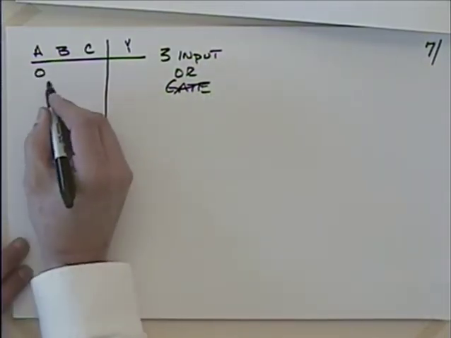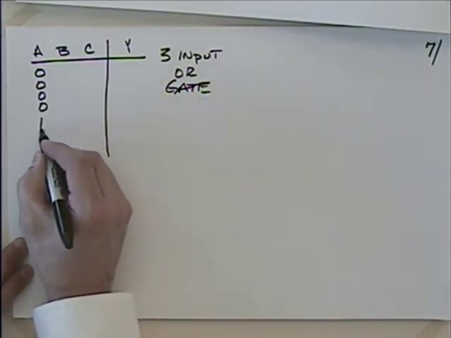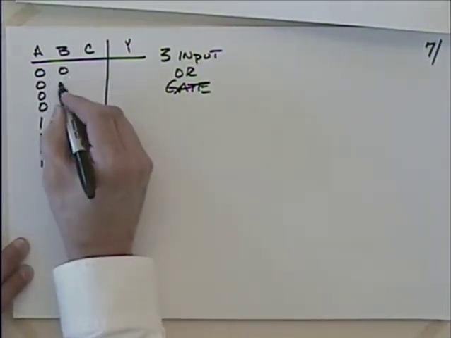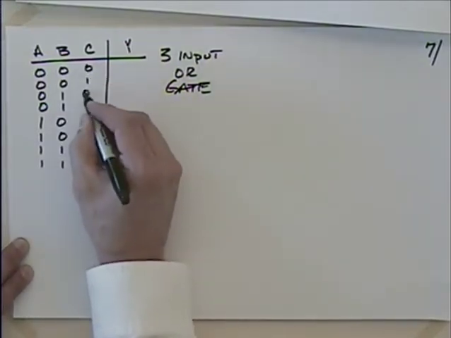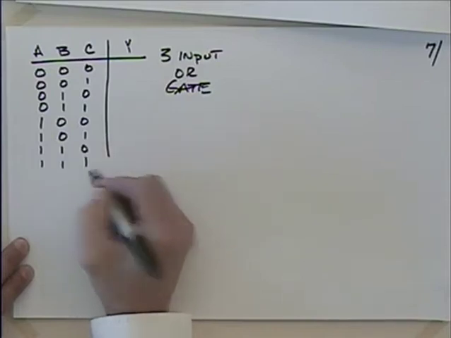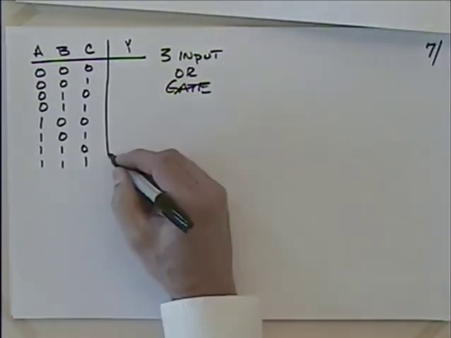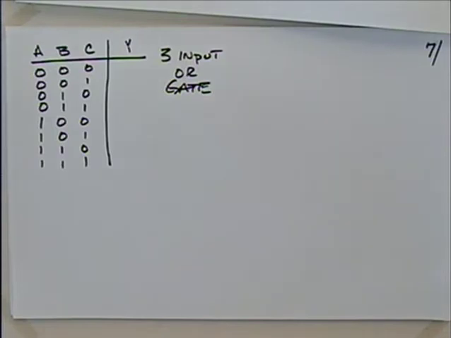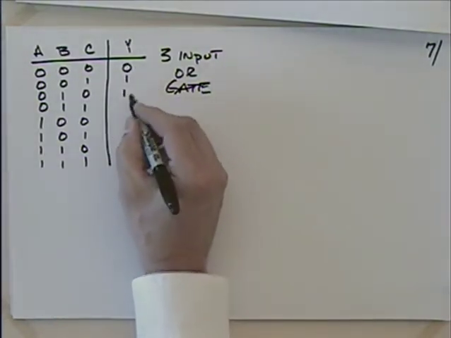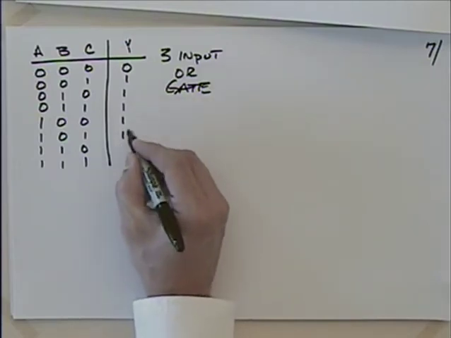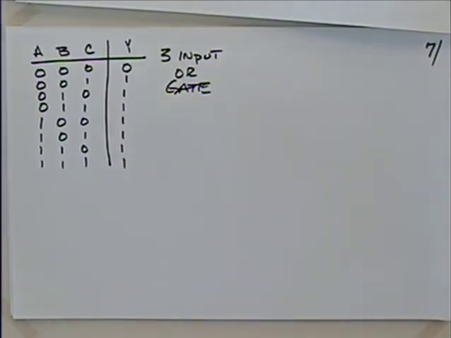So 0, 0, 0, 0, 1, 1, 1, 1. So maybe I should say, what's the one case where you wouldn't have a high on the output? Yeah, this is the only one. The rest of them, if any of them are 1s or all of them are 1s, you're going to get a high, aren't you?